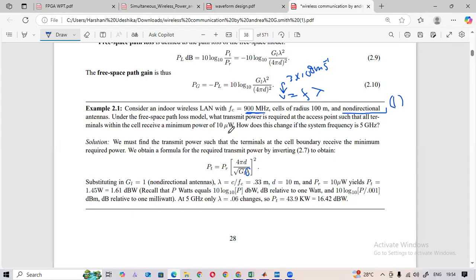At the receiver, you should have at least around 10 microwatt of power to decode the signal very well. So to have this 10 microwatt, you are asked to find the transmit power. Then the distance is also given, that is 100 meters. So you can apply those values and find the transmit power.